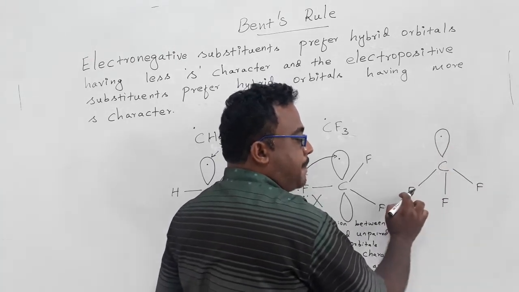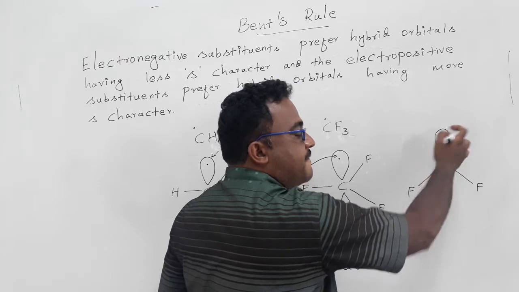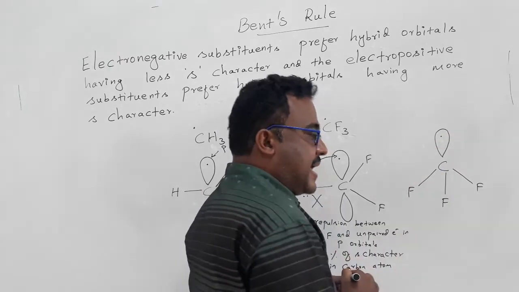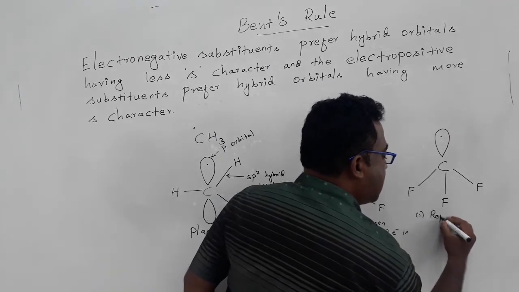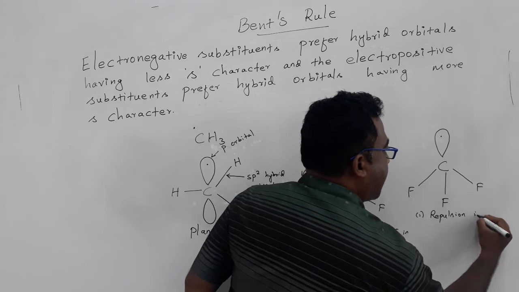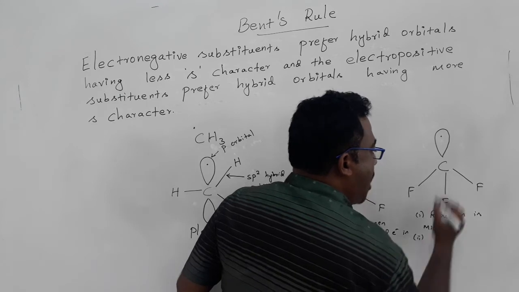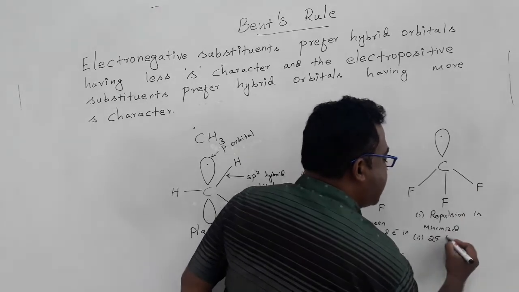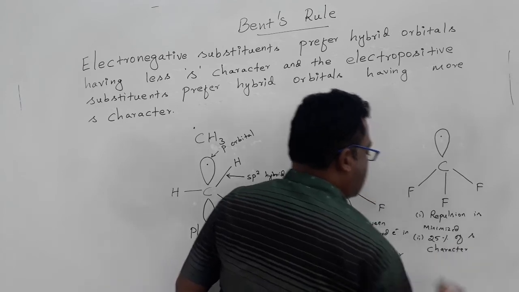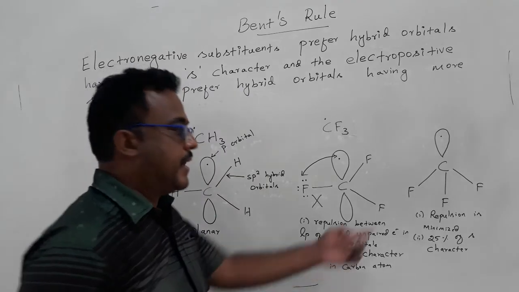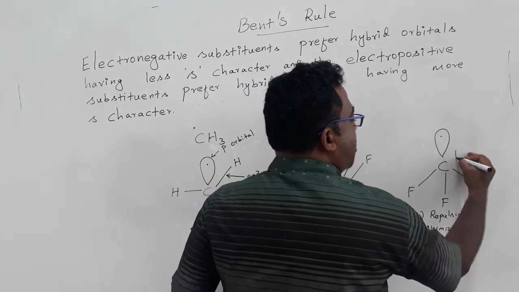The repulsion between the non-bonded pair of electrons in fluorine and the unpaired electron in the sp3 hybrid orbital will decrease, as repulsion is minimized. As well as this carbon has only 25% of s character, here 33% of s character. So what happened? CF3 dot can prefer only pyramidal geometry.